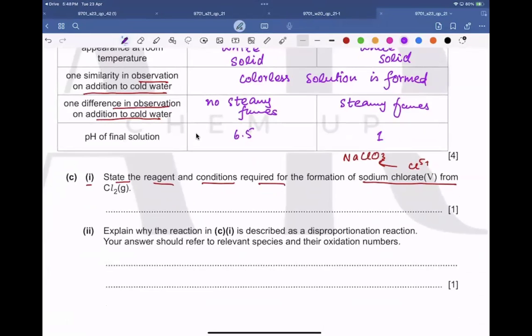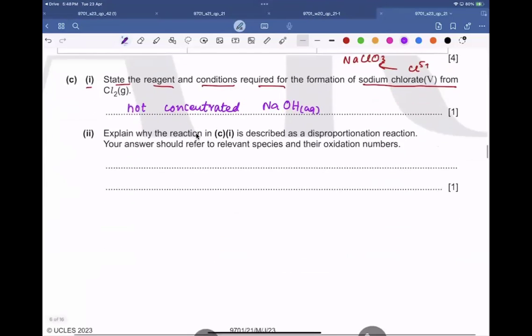If we use cold dilute aqueous sodium hydroxide, then NaClO is formed. So hot concentrated aqueous sodium hydroxide.